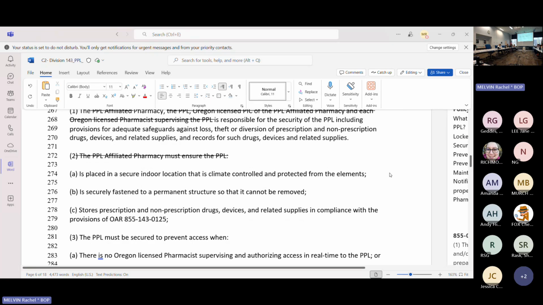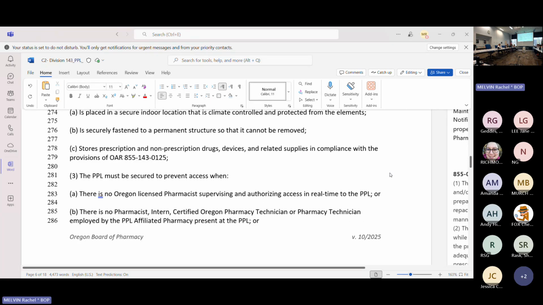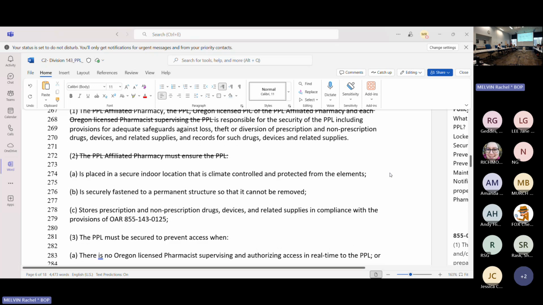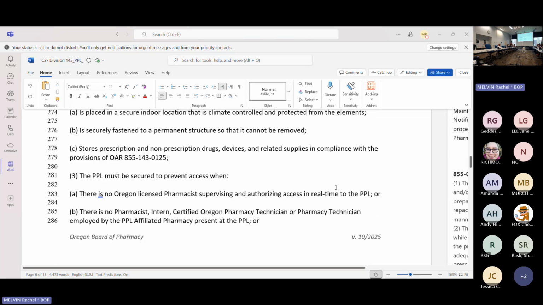I do see a place for, I guess it's paragraph 2 now, about PPL access and who can access it, because that would be very specific to the device, and having a record of who has accessed it. Again, I think we need to think very deeply about the unlicensed personnel piece.